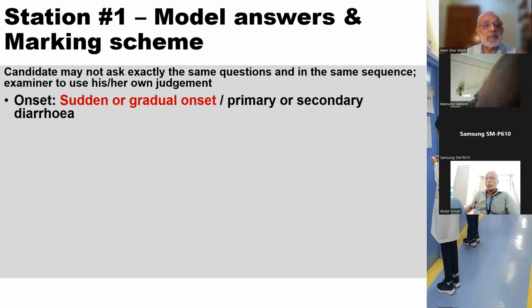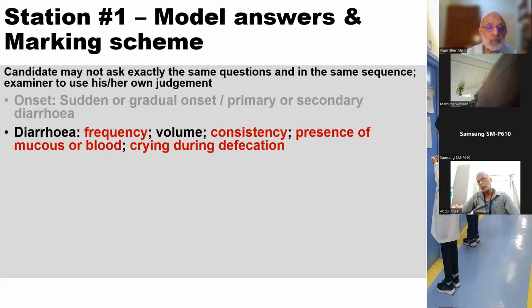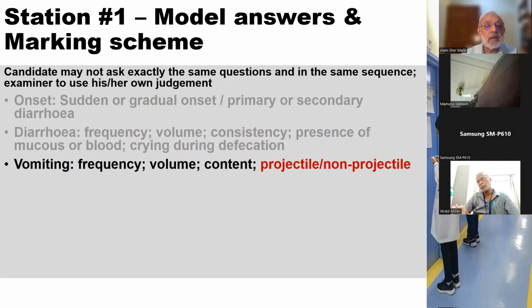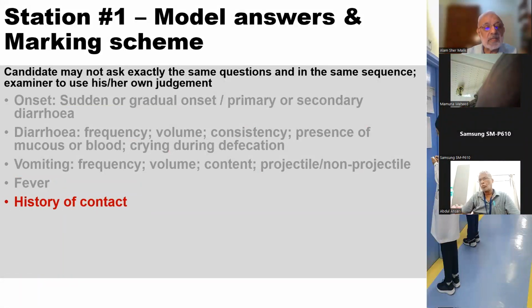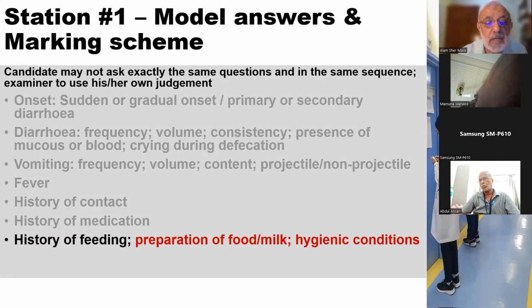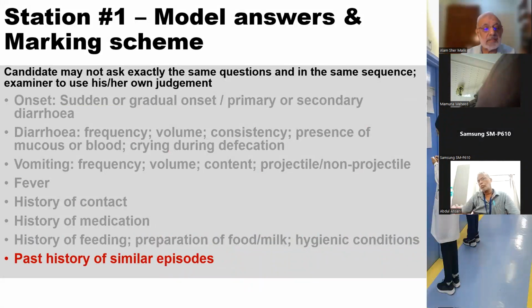We do expect the student to ask questions about the onset, whether it is sudden or gradual, questions about the characteristics of diarrhea, a question about the characteristics of vomiting, then whether there is fever, whether there is history of contact or history of medication, history of feeding, that means the preparation of milk and hygienic conditions, and past history of similar episodes.